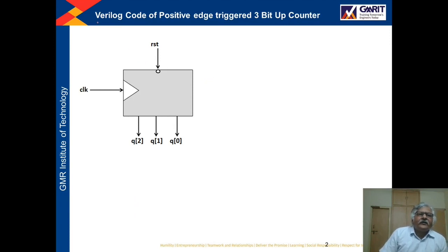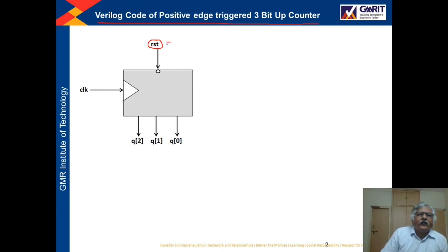Okay, so now we will see the Verilog code of the positive edge triggered 3-bit up counter. This is the block diagram of the 3-bit up counter. Here there is one input named RST. This is an active low input, right? You can find the bubble here, so this is active low.